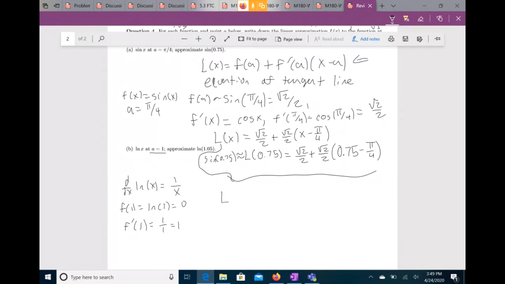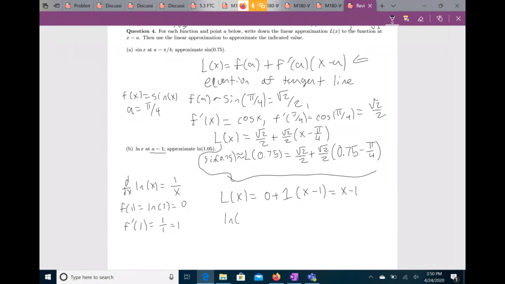Okay, so L of x is f of a, which in this case is just 0, plus f prime of a, which in this case is just 1, times x minus a, so x minus 1. So our linear approximation to the natural log function is just x minus 1.